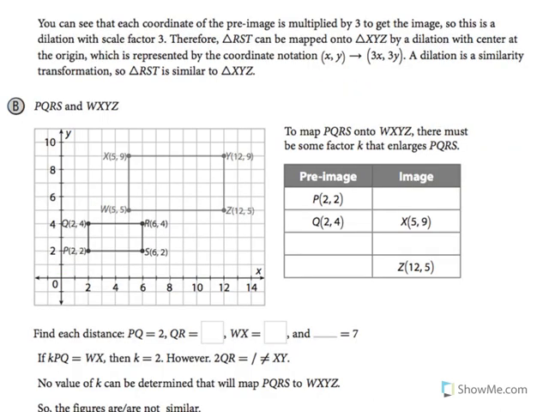Example B. Here we have a quadrilateral PQRS and another quadrilateral WXYZ.